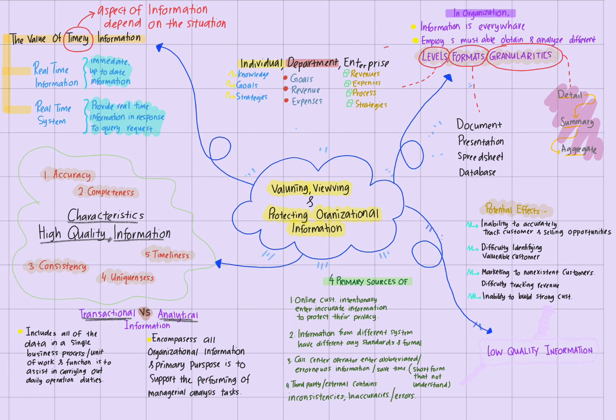For individual must need their knowledge, goals and strategies. For department also have their goals, revenue and expenses, process and their strategies. Same goes to the enterprise, also have expenses, process and their strategies.